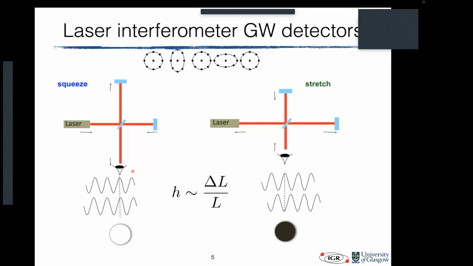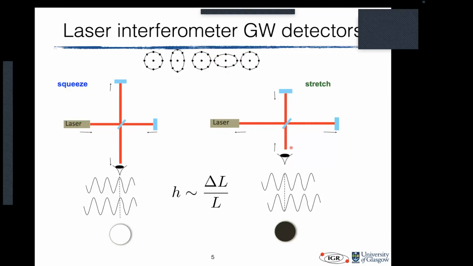Okay. So at this point, you can see that if in this configuration, when you go from here to here, then this arm is stretched, and this arm of the interferometer is squeezed, okay? And then later on, when you get to this configuration, this arm of the interferometer is stretched, and this arm is squeezed, okay?